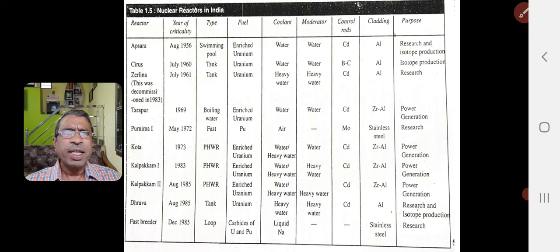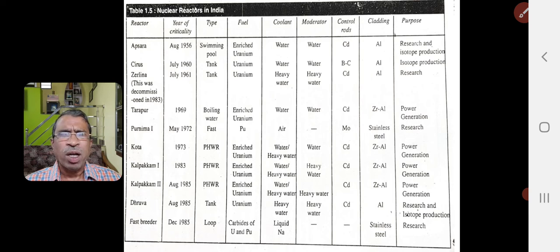It is also used for the production of isotopes. In 1961, Zerlina. So we have Apsara, CIRUS, Zerlina, then Purnima 1 and Purnima 2. All these research reactors are situated in the Bhabha Atomic Research Center.